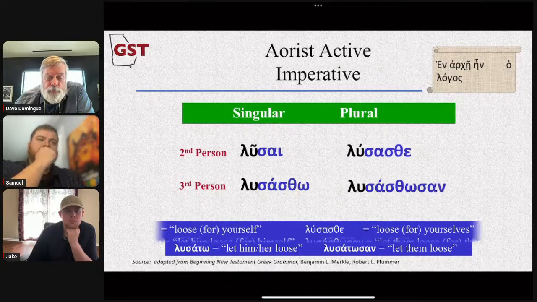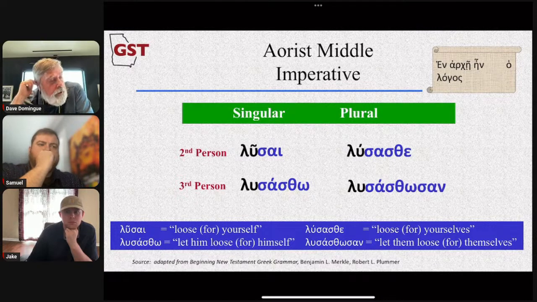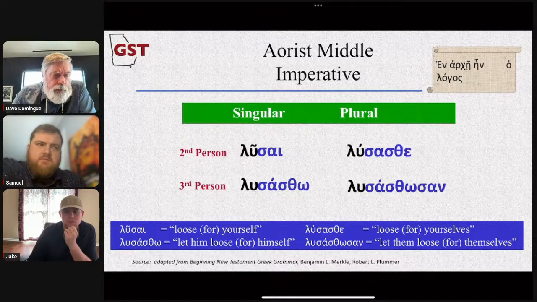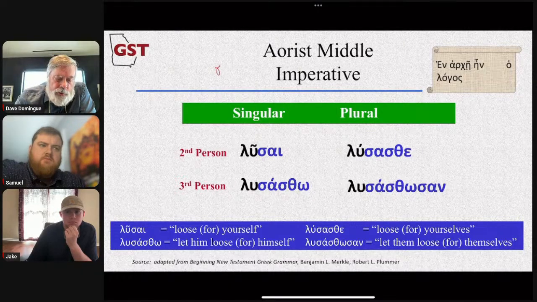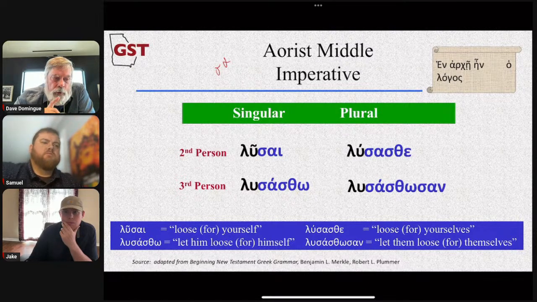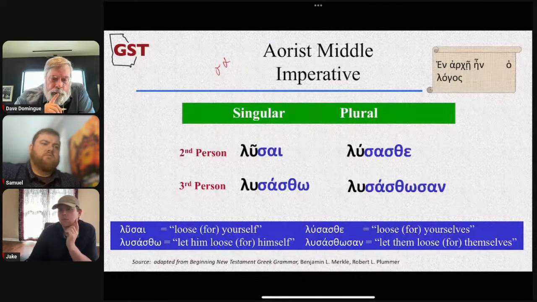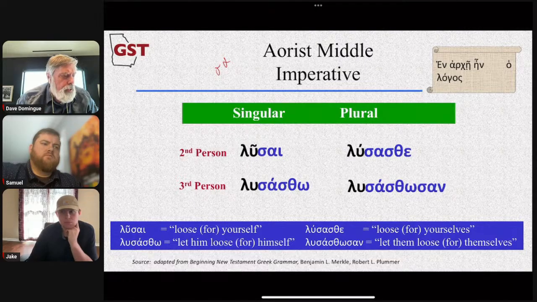To make it passive form, middle form. Remember, aorist has both a first aorist and second aorist. That first aorist typically has the sigma alpha, and the second aorist generally will not. It uses a different tense stem. I don't remember if there's very many second aorists. There are a few, and I think the book brings that out somewhere, or I read it in another grammar.